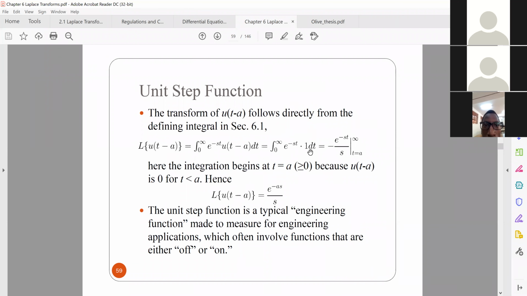That's why it's replaced by this 1 when you're doing the integration. Once you integrate this, you'll end up with e to the minus as over s, which is, I think, what the Laplace transform for 1 is, 1 over s. So here, the delay introduces this term e to the minus as.